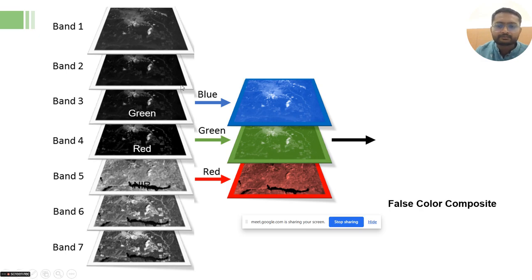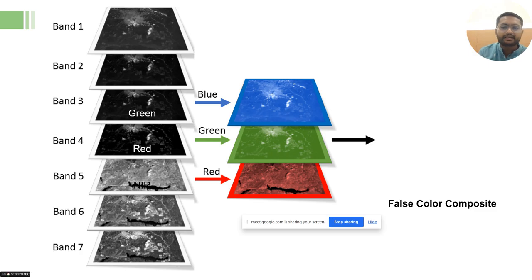We will put the green band in blue color, the red band in green color, and the near infrared band into red color. So earlier we did green green, blue blue, red red, but now we shifted it: green into blue, red into green, near infrared into red.